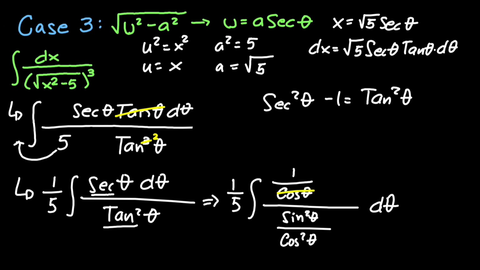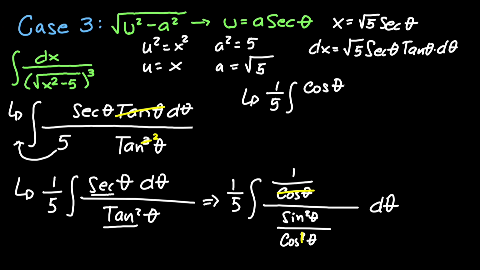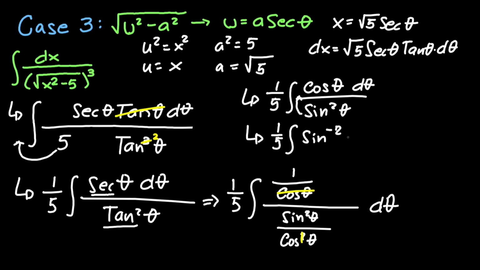Cosine here would cancel. And so your answer here would be 1/5 the integral of cosine theta over sine squared of theta d theta. Put sine above, so this would be 1/5 the integral of sine raised to the power of -2 of theta cosine of theta d theta.